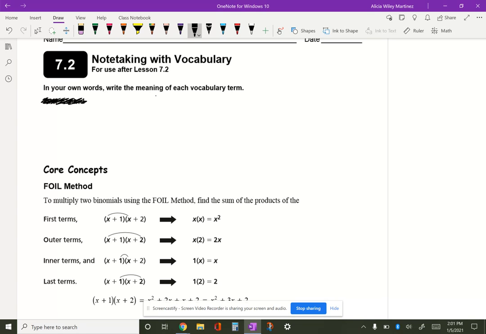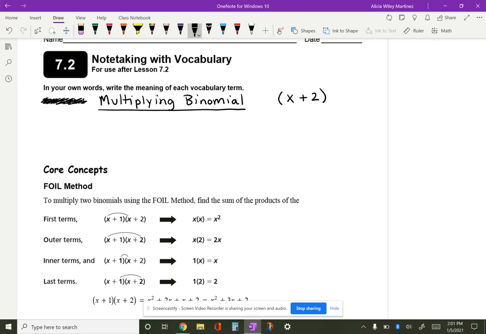And I want to talk about specifically this idea of multiplying binomials. We talked about last class what a binomial is, and a binomial is a two-term polynomial. It could look something like this, x plus 2.